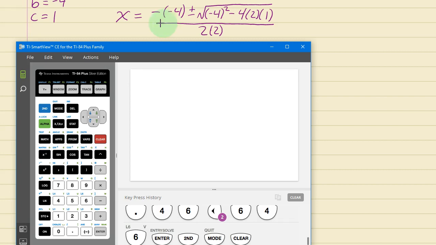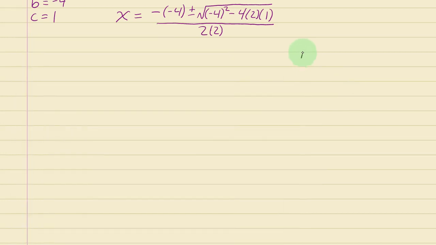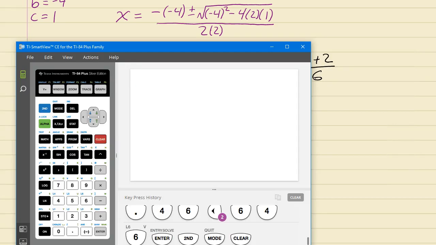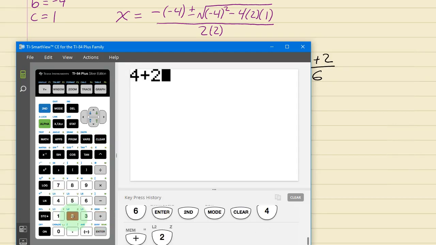The first thing is when you have a fraction and the top has more than one term in it, you need to make sure that the calculator knows that it's a fraction. So, for example, if I wanted to do something like 4 plus 2 divided by 6 on a calculator, if you just write it as 4 plus 2 over 6, the calculator is going to do 2 divided by 6 and then add that result to 4 because it's following the order of operations.